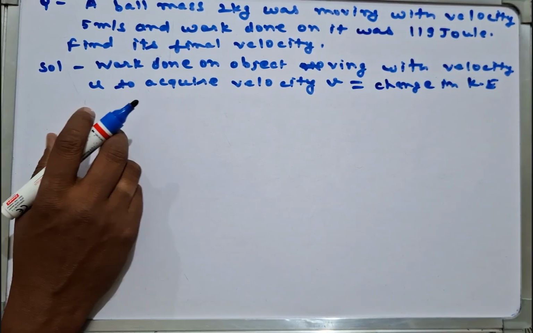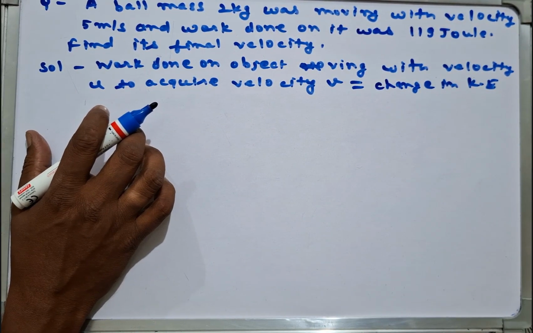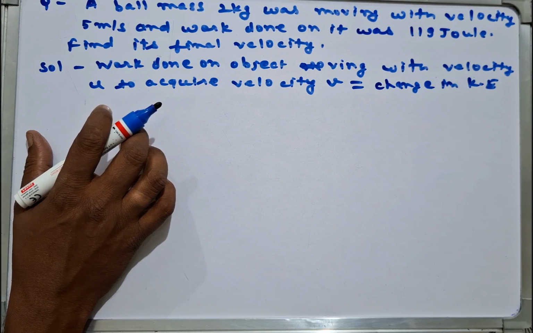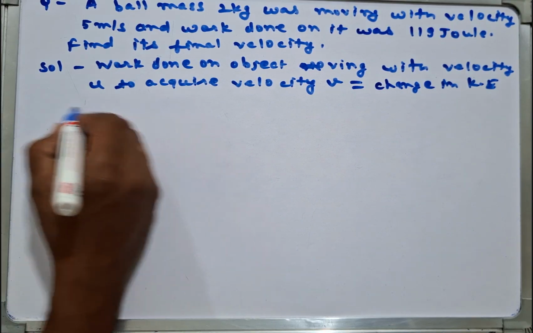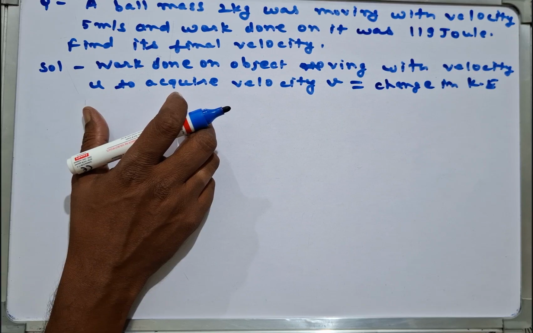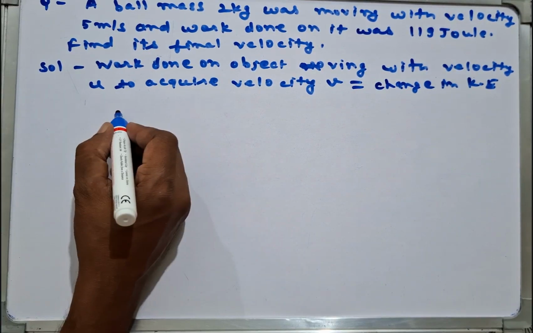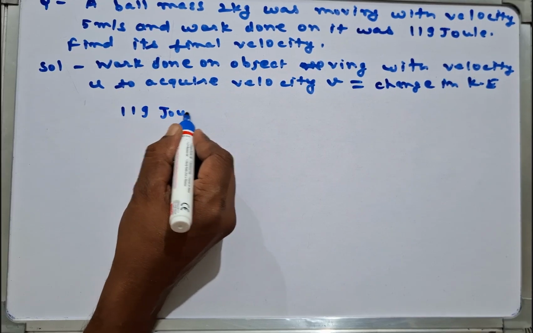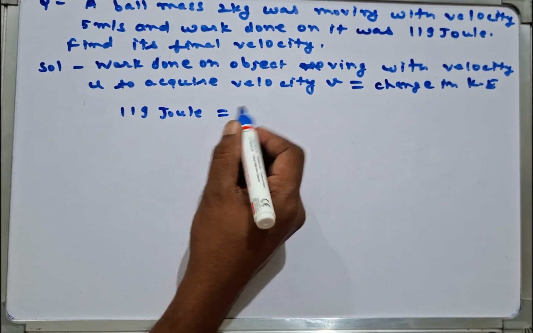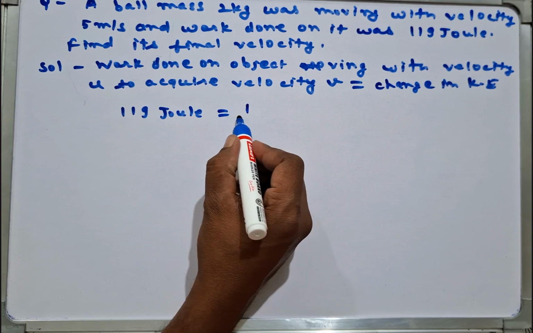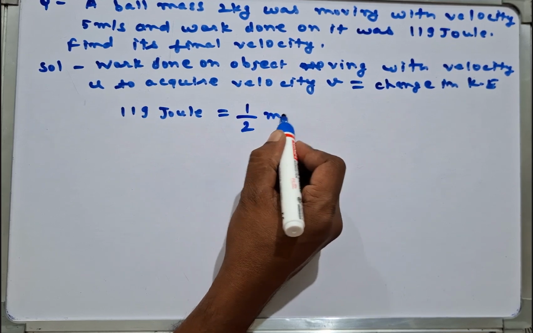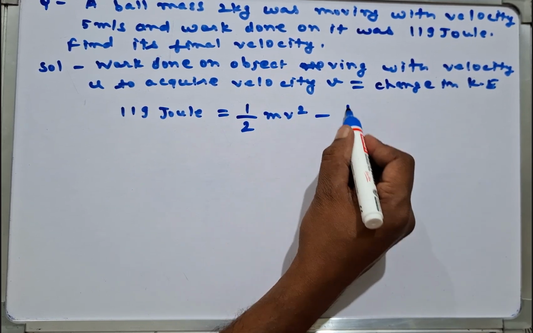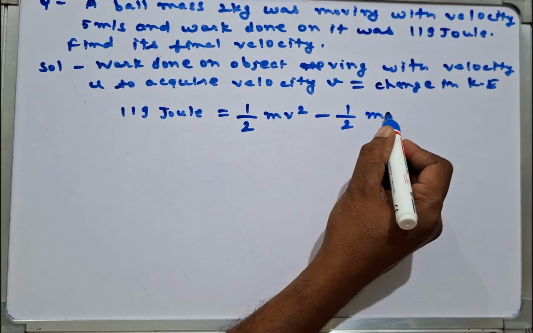So you can write here how much work is being done: 119 joule. This will be equivalent to 1 by 2 mv square minus 1 by 2 mu square.